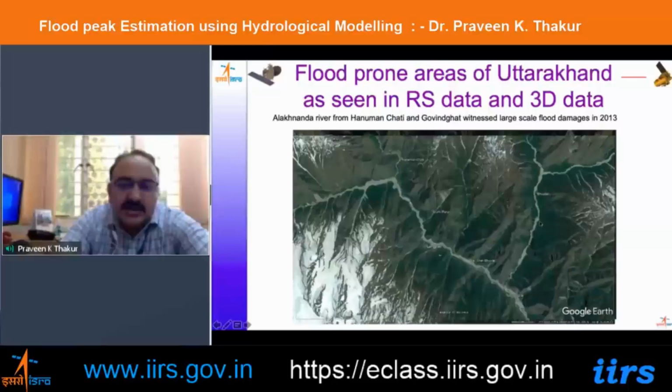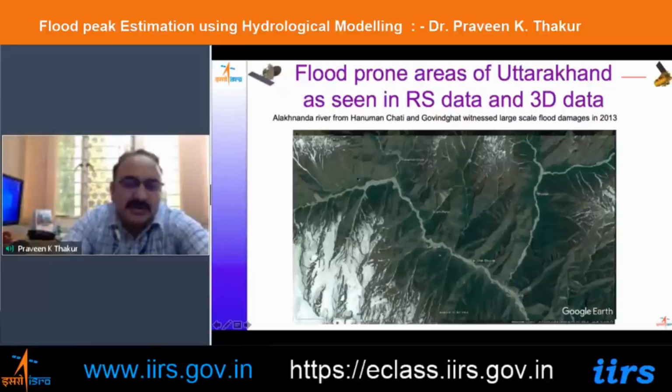People in the media and the general public also call it a cloud burst, but in technical meteorological terms, we call it extreme rainfall, where within 1 hour the rainfall is more than 100 millimeters. If that amount of rainfall happens, we will see as we proceed with the lecture that in this hilly area, when we make the land use land cover, it is devoid of any vegetation in the higher reaches, and it also has snow and glaciers.